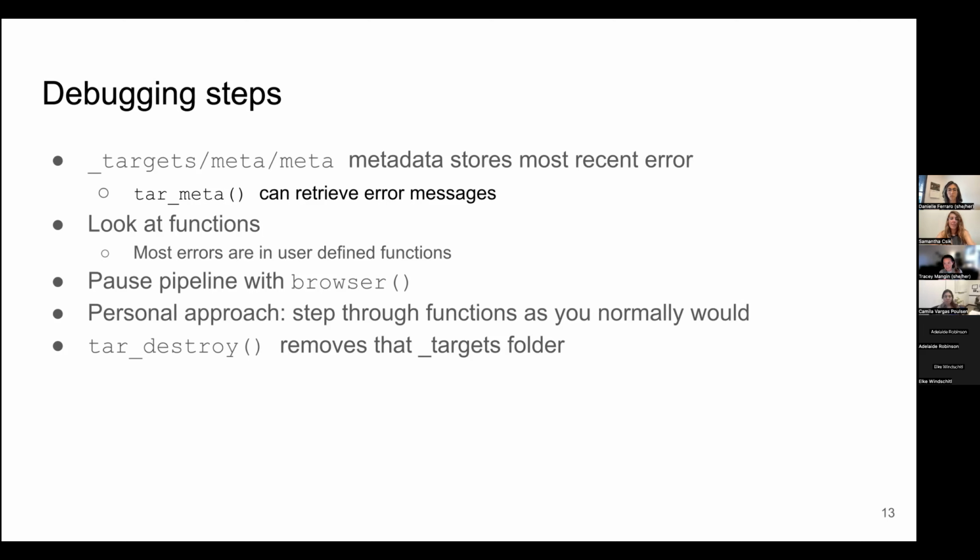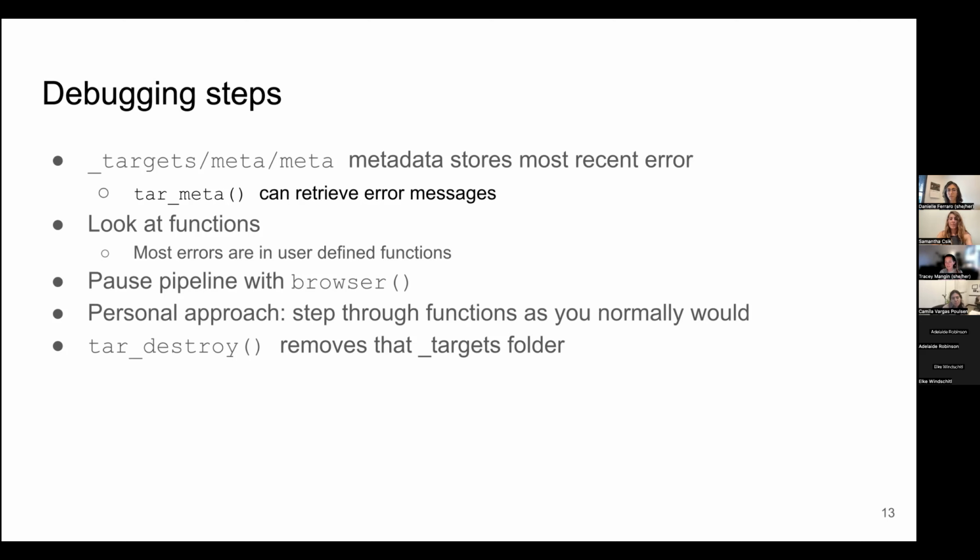Most errors are in the function itself, so that's the place to start when you're looking. You can pause the pipeline with browser, and then for personal approaches, I step through the functions as I normally would if I was debugging a function outside of targets.